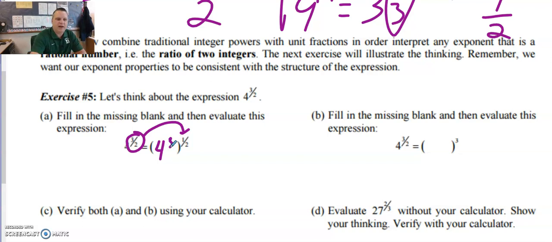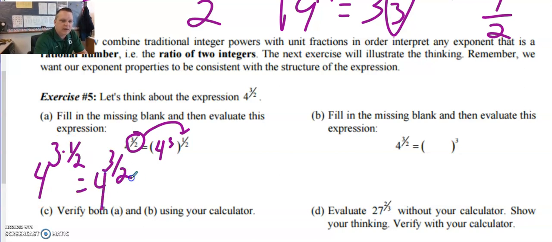So we have 4 to the 3rd power to the 1/2 power. So then you would do 4 to the 3 times 1/2, which is 4 to the 3/2 power. Okay? So if you wanted to evaluate, you could very simply put in your calculator 4 to the 3/2 power, and then that would give you 8.